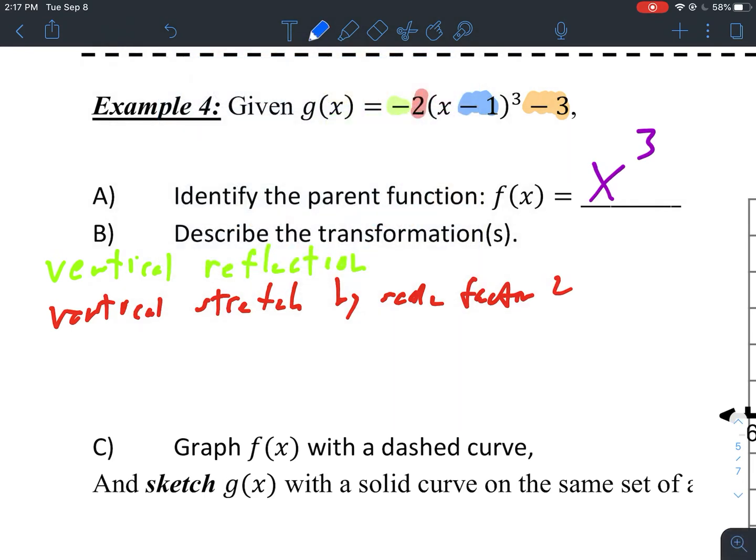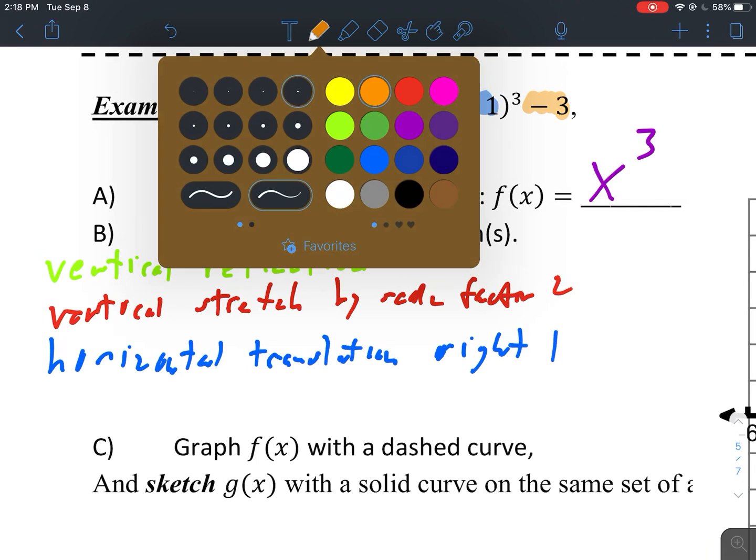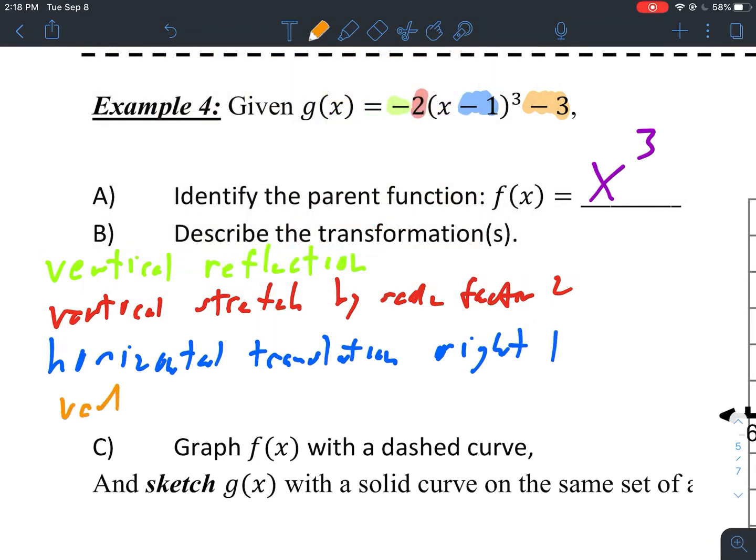The third one, the -1, that is a horizontal translation, and that will be moving the graph right 1. And the last one is a vertical translation, and that'll be moving the graph down 3.